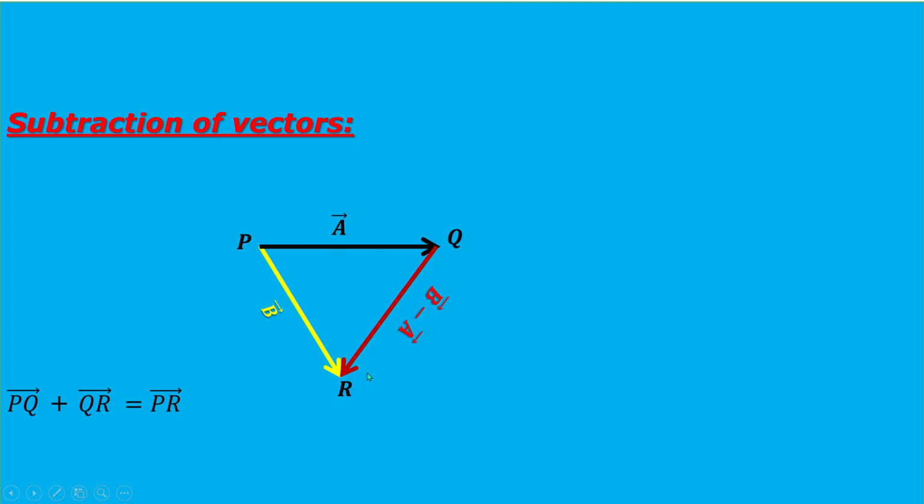PQ plus QR, by applying the triangle law, equals PR. That means you go from here to here, that means PR. But PQ equals A and PR equals B. Now calculate QR, this equals PR minus PQ. PR means B and PQ means A. This is the subtraction law of vectors.